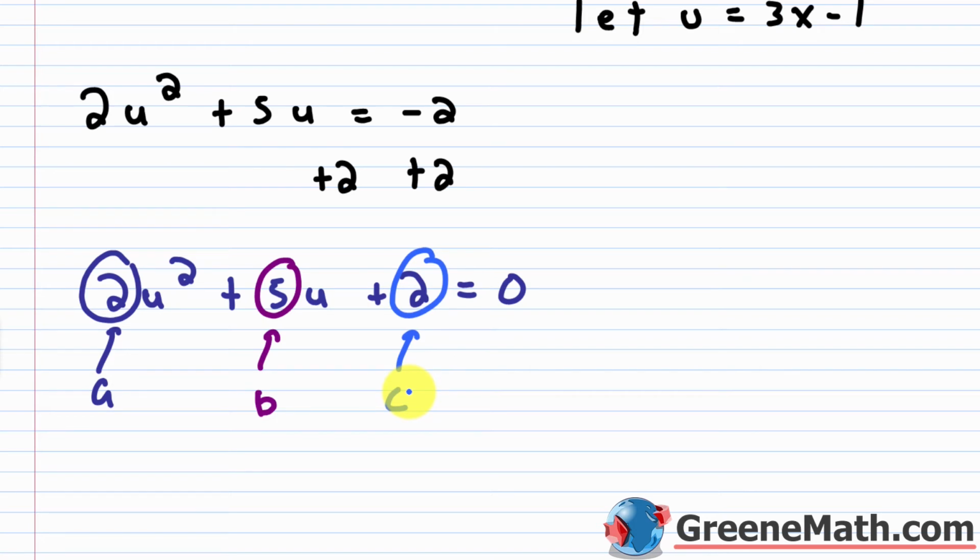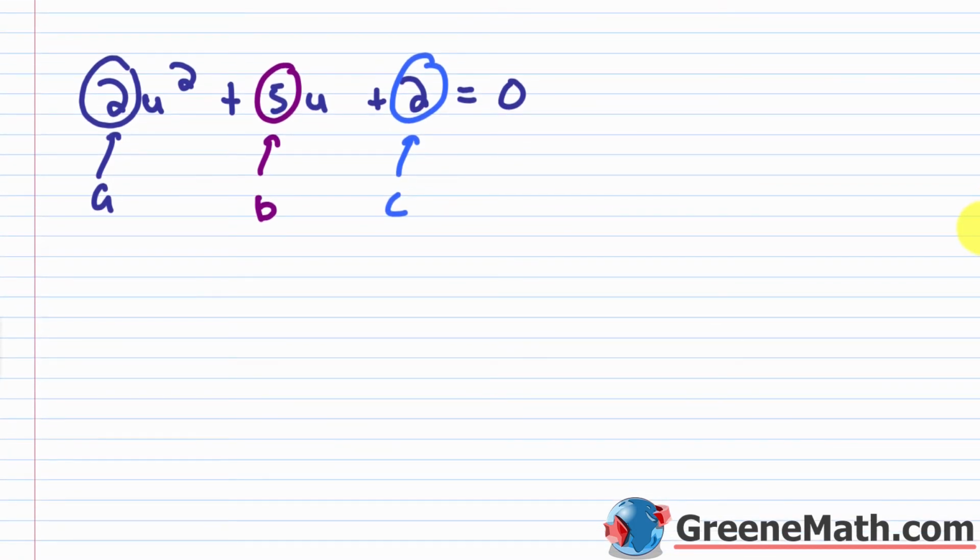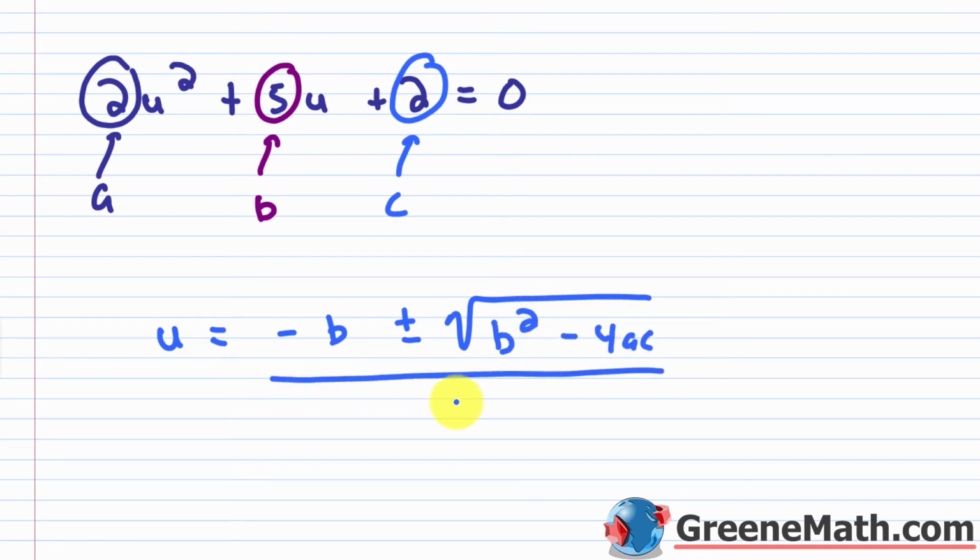So let's use our quadratic formula to get a solution here. So we have that u is equal to the negative of b plus or minus the square root of b squared minus 4ac all over 2a. So let's go through and replace some stuff. So negative b is 5, so negative 5, plus or minus the square root of b squared.